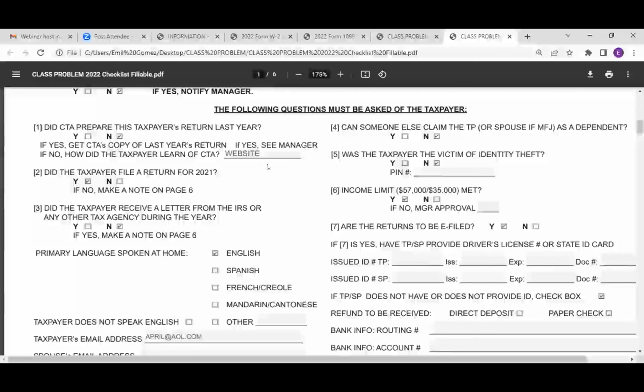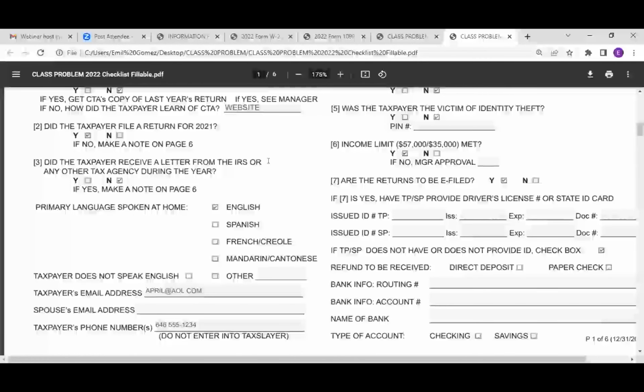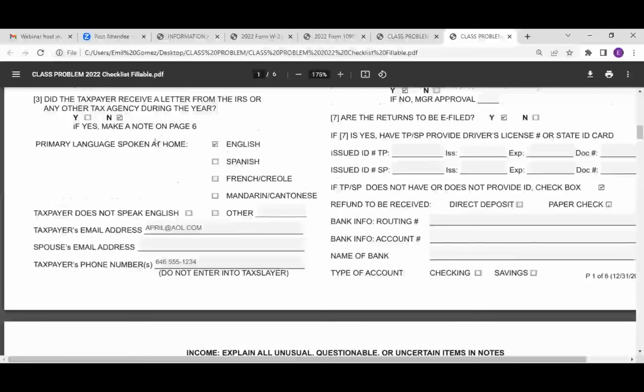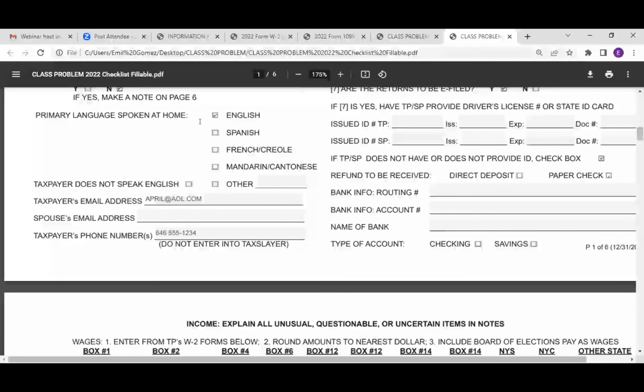Did the taxpayer file a return for 2021? In this case, yes. Did the taxpayer receive a notice from the IRS? No. What's the language spoken at home? English. Again, you might be encountering people who speak a language other than English, and they might be comfortable speaking Spanish or French or Mandarin. And hopefully we have somebody at our storefront locations who has that language capability. We talked about the importance of having an email address, and here's April's email address.